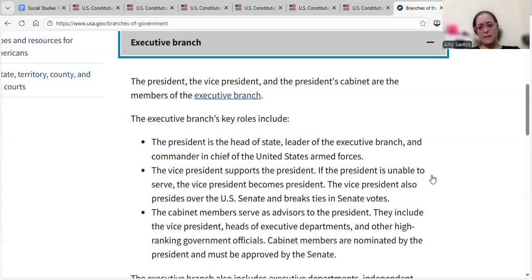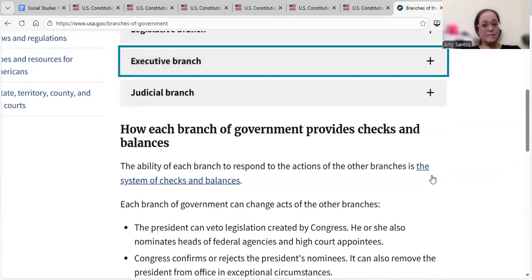And then the cabinet members serve as advisors to the president. They include the vice president and heads of executive departments. They are nominated by the president and must be approved by the Senate. That's the executive branch.